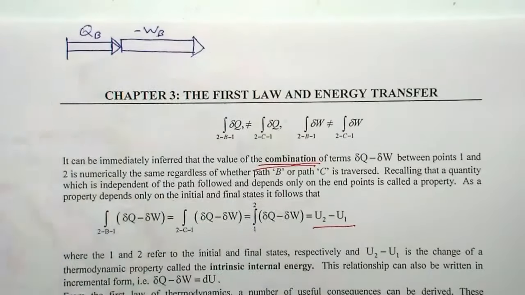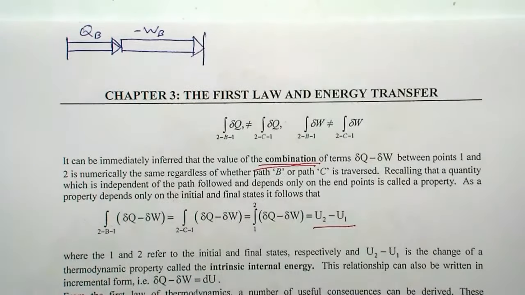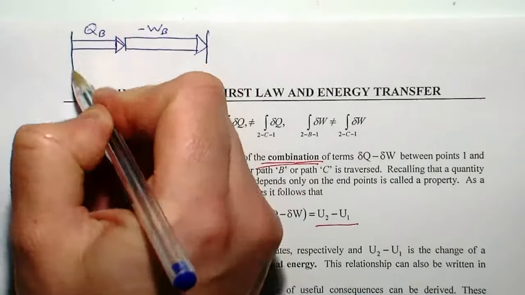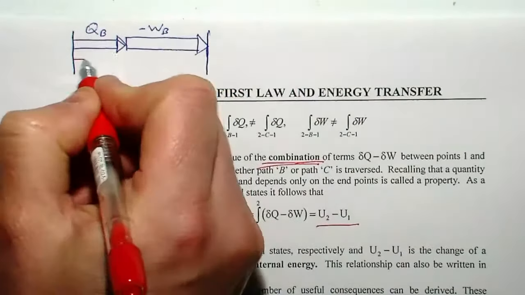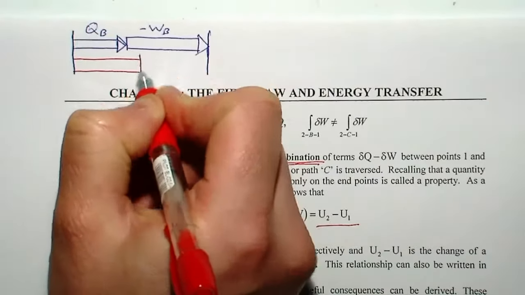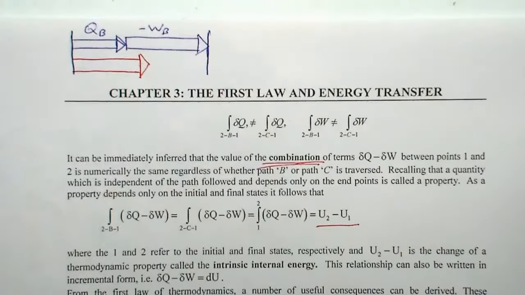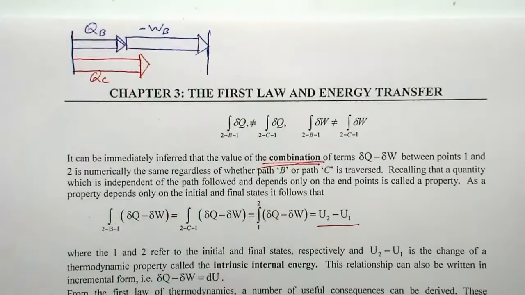And for now, let's just put that minus because mathematically then it makes more sense. But now I'm talking about the magnitude of heat and work. And let's just say that for route C, I had this much of heat. So let's just call this QC.